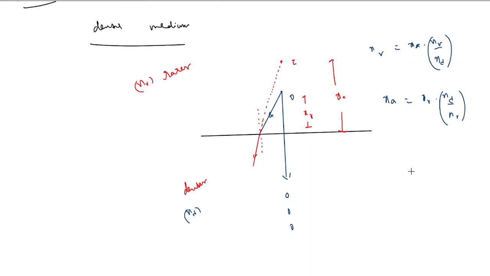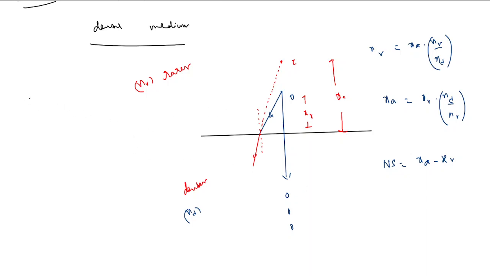The same way you can find normal shift also. The normal shift in this case would be x apparent minus x real. Try and see it, you get the answer here also. So this is the normal shift, and the effective distance depends on the observer also.